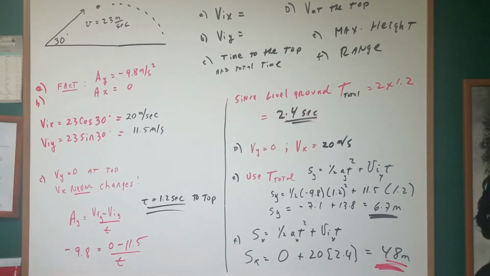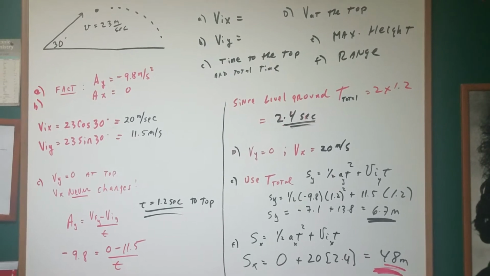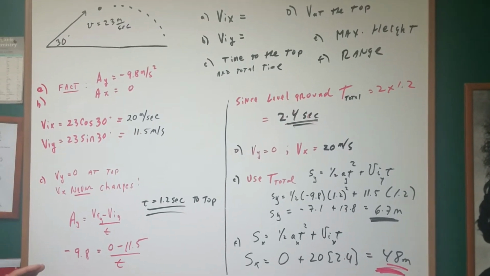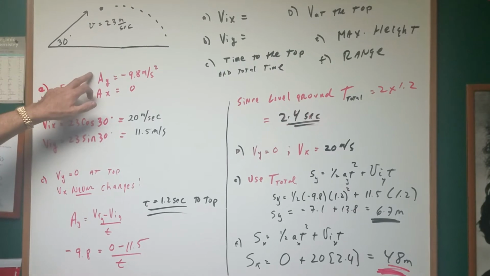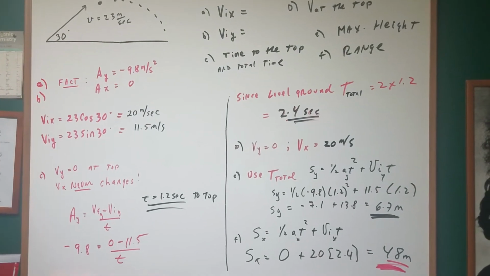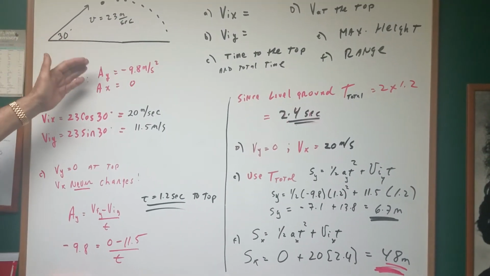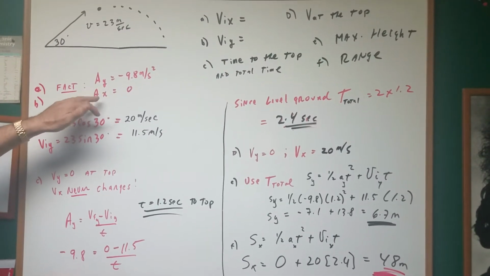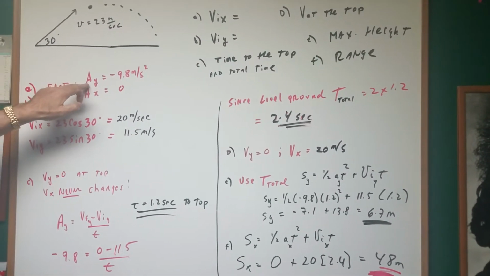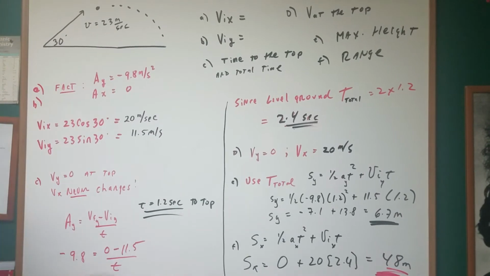Now, I'm going to ask you multiple things, but before we do anything, I want you to remember, one of the key things to this problem is to understand there's going to be 2 types of accelerations. Because we're in 2 dimensions, there's going to be an x and a y. Never forget, acceleration is always downward.